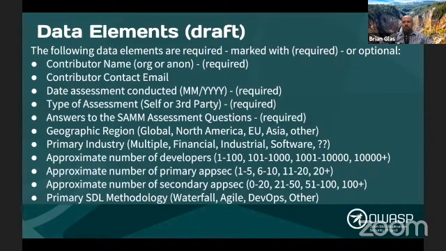The problem with going all the way up to the business function area is you lose a lot of detail and you lose a lot of understanding of what contributed to that score. So I'm kind of curious, from the folks watching, the feelings on the sensitivity of your SAMM scores, in terms of whether or not you think you'd be allowed to contribute them.